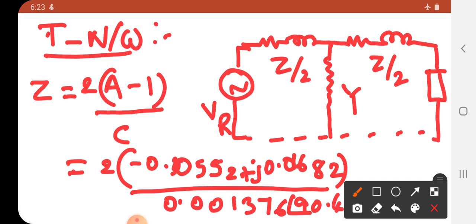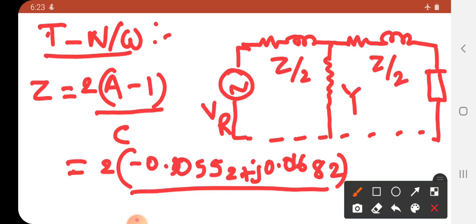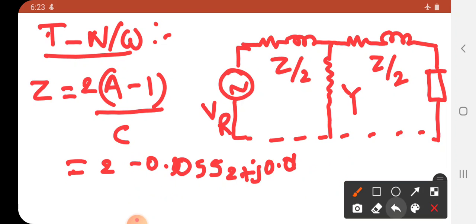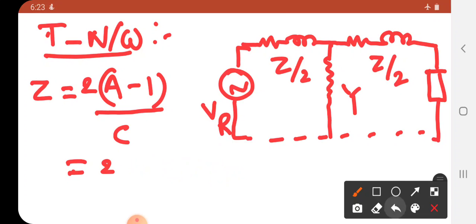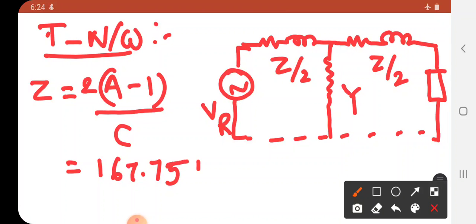If you find this value, how much do you have? Totally, Z is equal to 167.75 at an angle of 72.6 degrees.